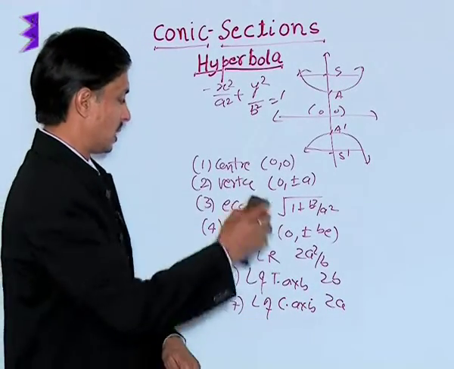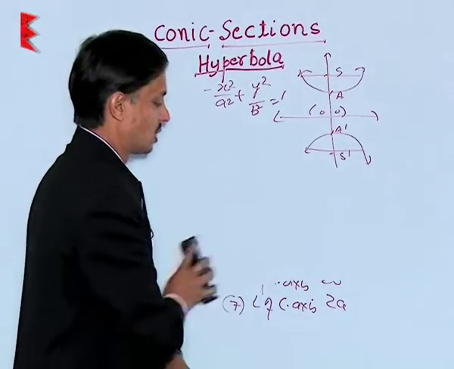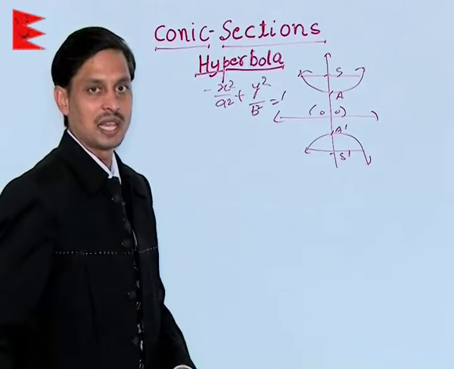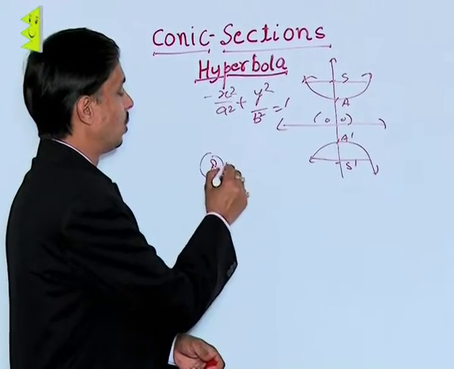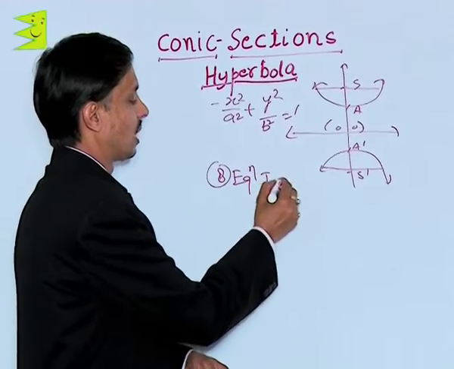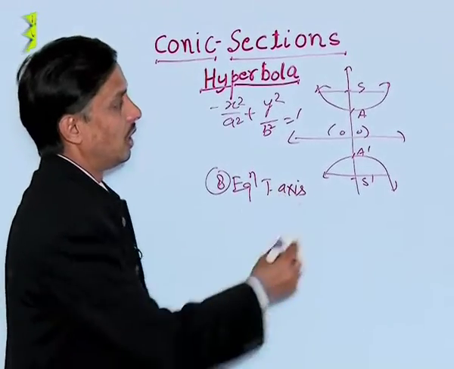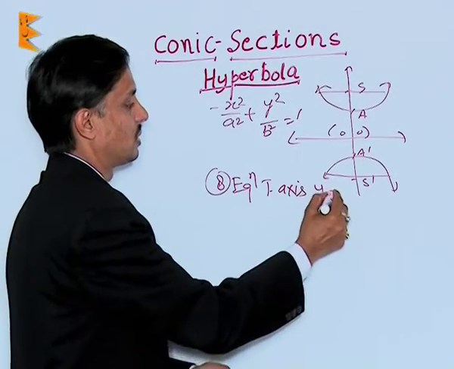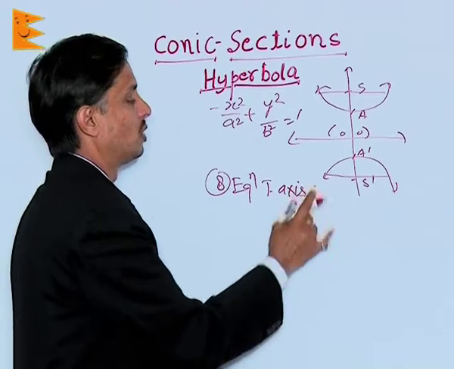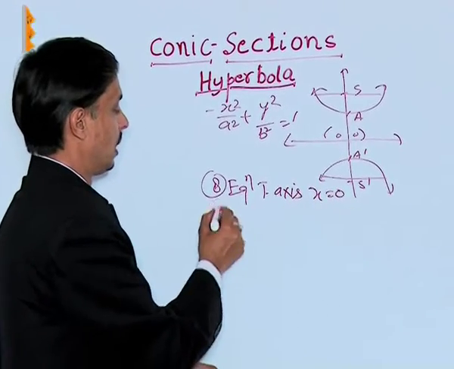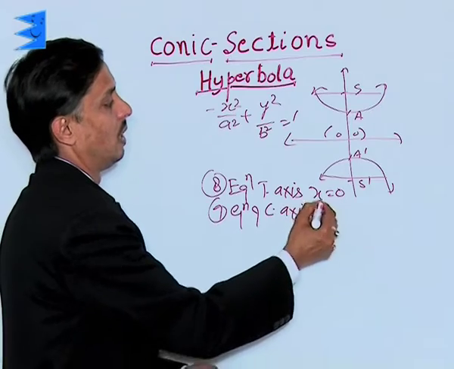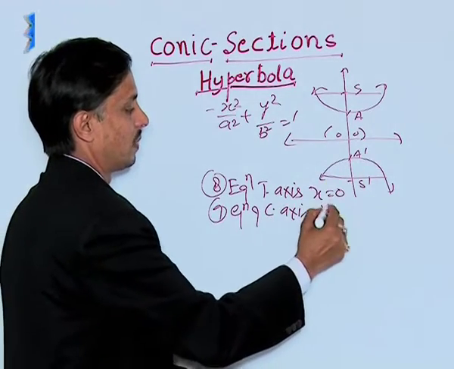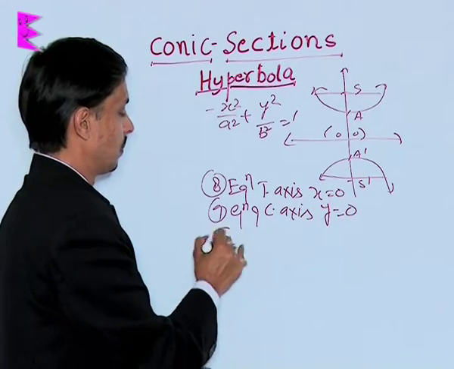Now more information about the equations of the transverse axis and conjugate axis. First, the equation of the transverse axis is x is equal to 0 because it is the y-axis. Then the equation of the conjugate axis, the conjugate being the x-axis, is y is equal to 0.